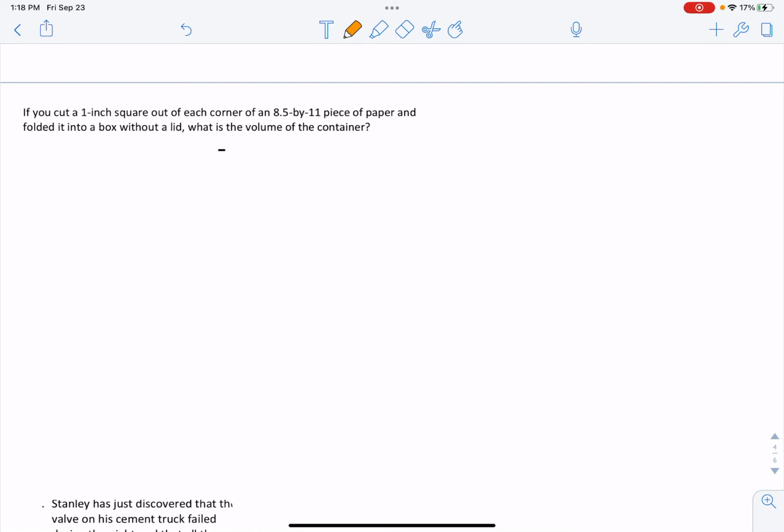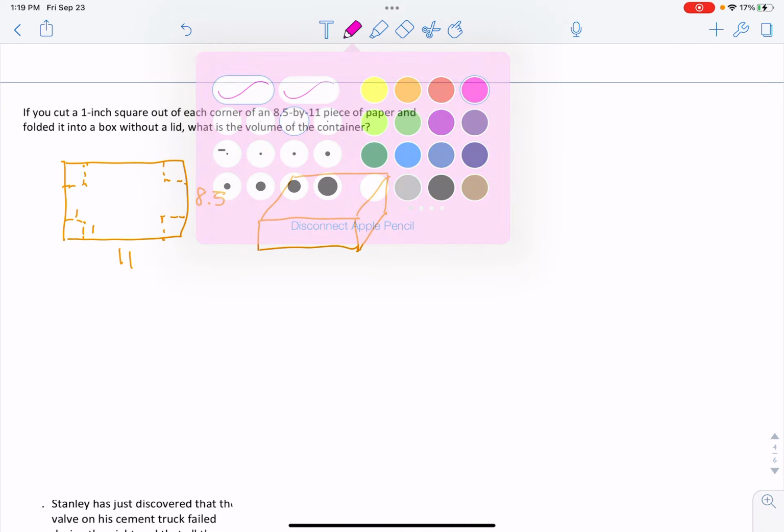So you had an 8.5 by 11 inch piece of paper, and you cut a corner here with 1 inch on each, and then you make another folded shape of a rectangular box without a lid.